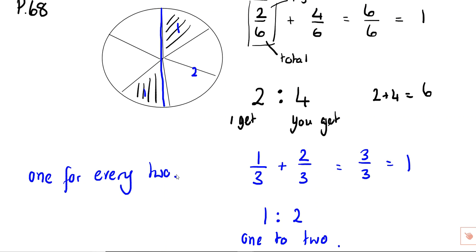So what that means is they are equivalent statements. 2 to 4 is equivalent to 1 to 2, just like 2/6 is equivalent to 1/3. So we can simplify in the same way.